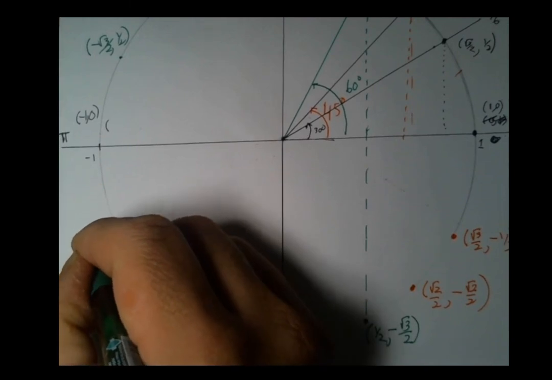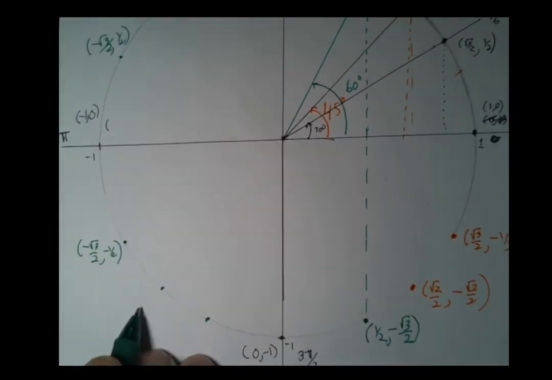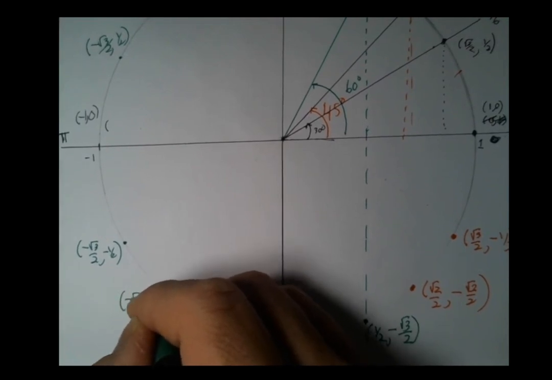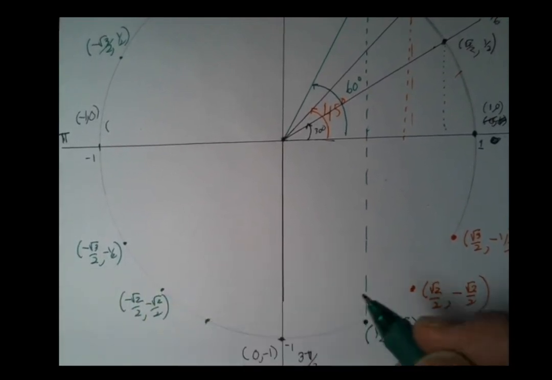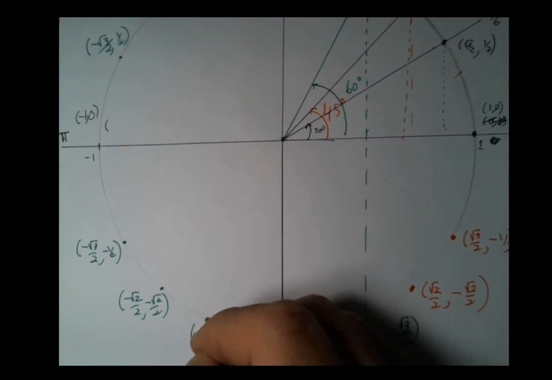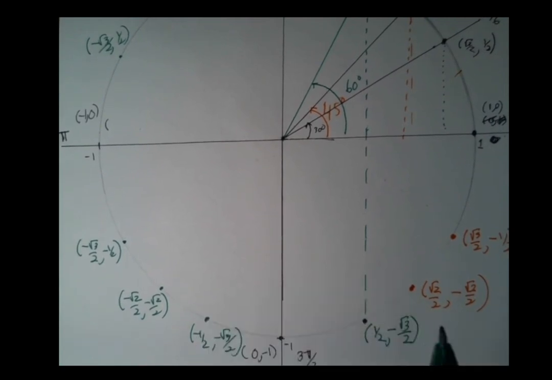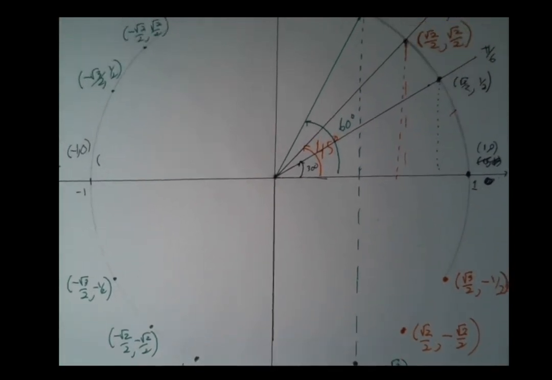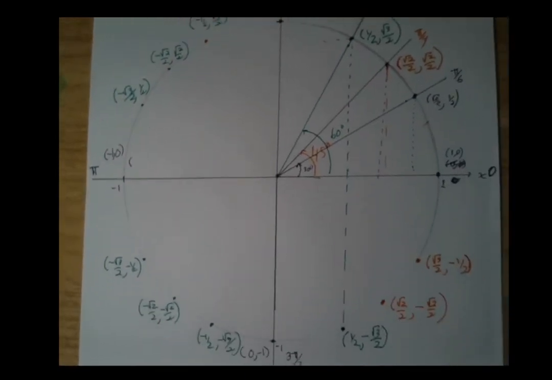So they both get a negative sign attached to them. And these are the special points on our unit circle.